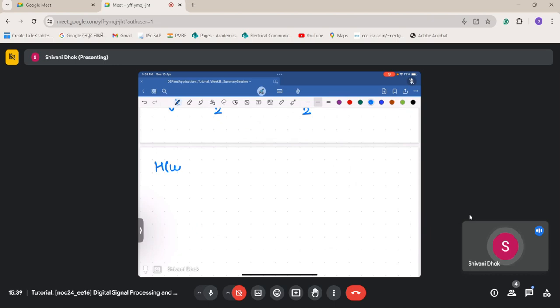So this H of omega is equal to the DTFT of h of n, and this h of n is simply (n plus a) into a to the power n into u of n. Okay, so we have this thing here.